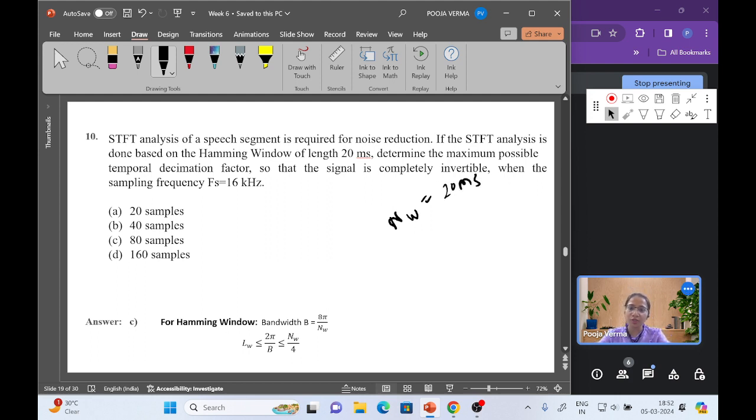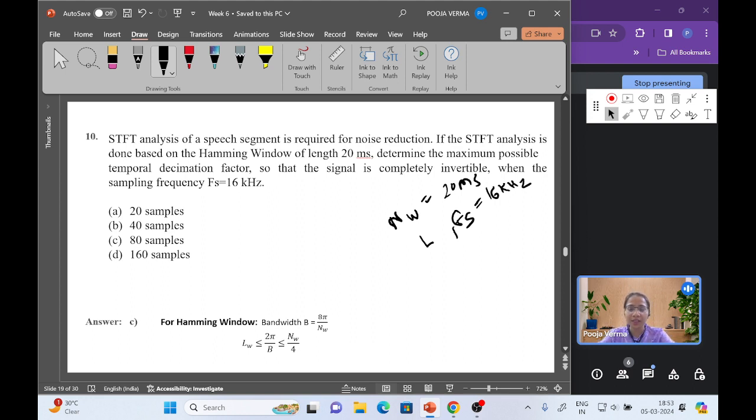Determine the maximum possible temporal decimation factor, that is L, so that the signal is completely invertible when the sampling frequency Fs is 16 kilohertz.